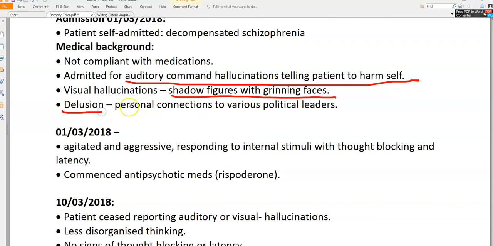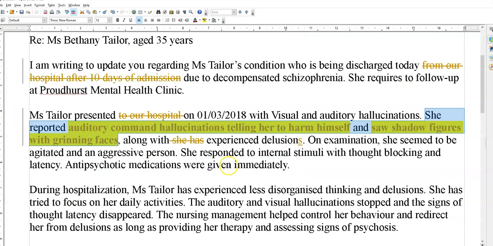Delusion, so you didn't include this, the author, but this is virtually identical. And then, what else have we got? Agitated and an aggressive person. Well, you mean agitated and aggressive, which is exactly the same as in the case notes.